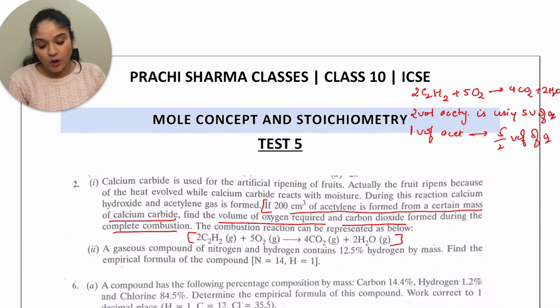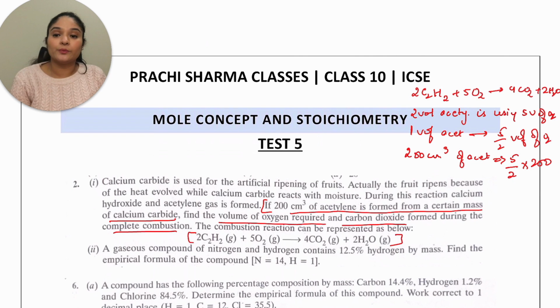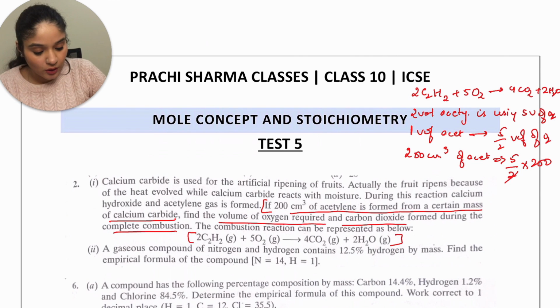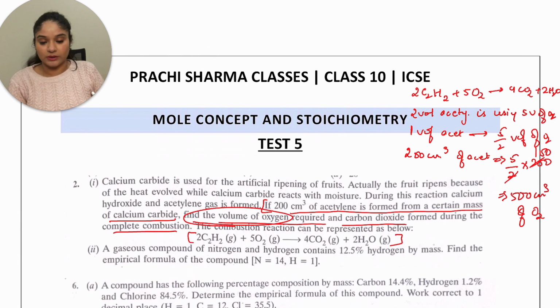You have 200 cm³ of acetylene. So 200 cm³ of acetylene will use 5 by 2 times 200 volumes of oxygen. We'll quickly solve it out. This would be 500 cm³ of oxygen. So this is the first part: find the volume of oxygen used.